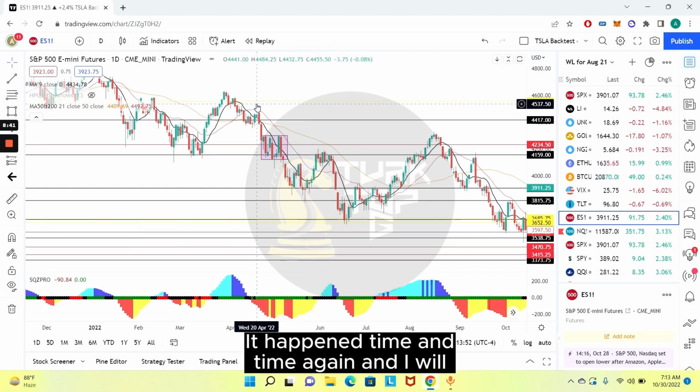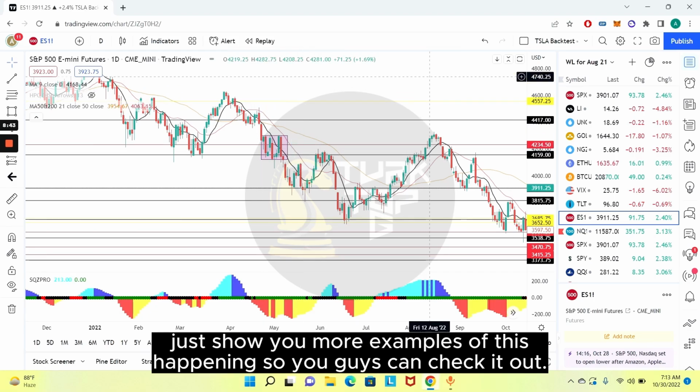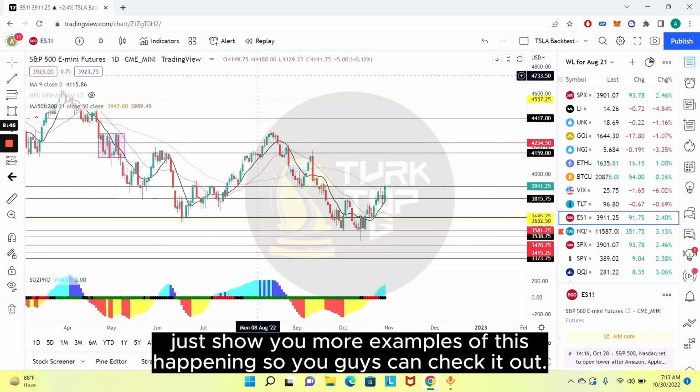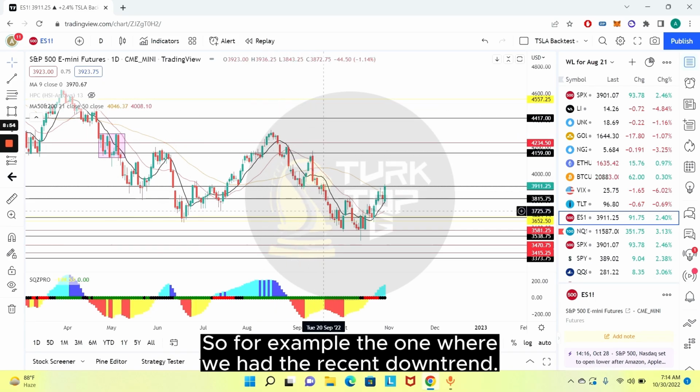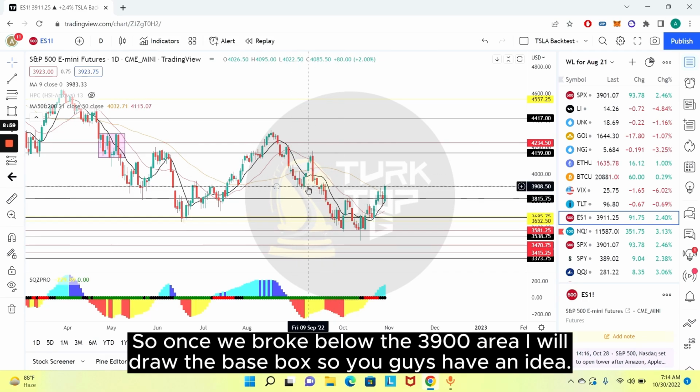They happen time and time again. And I will just show you more examples of this happening so you guys can check it out. Let me just show you some examples. So, for example, the one where we had the recent downtrend. Once we broke below this 3900 area, I will draw the base box so you guys have an idea.